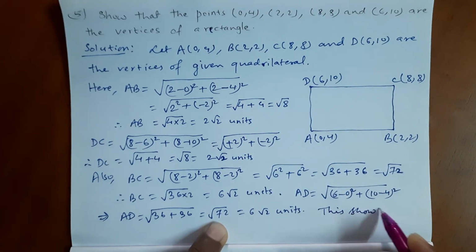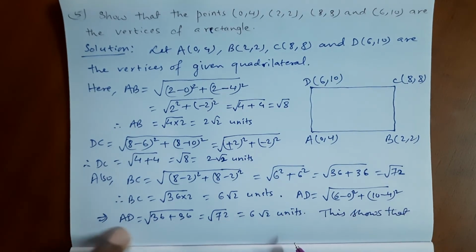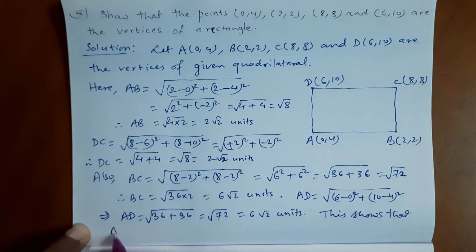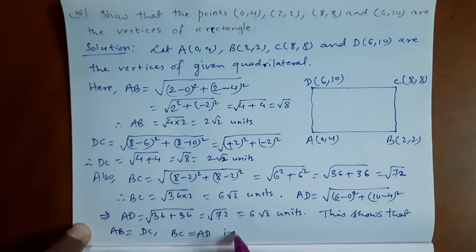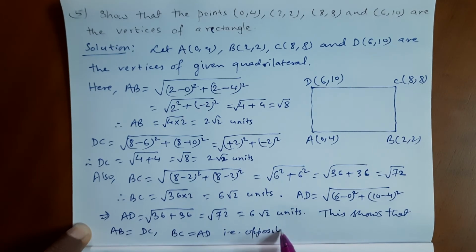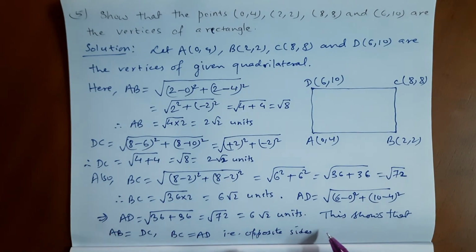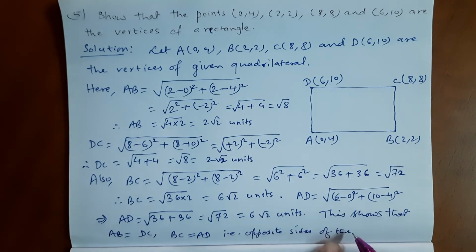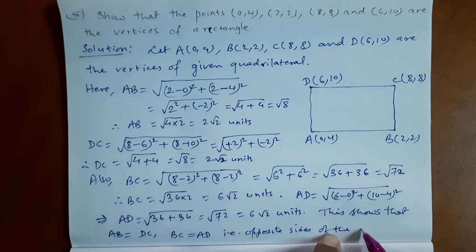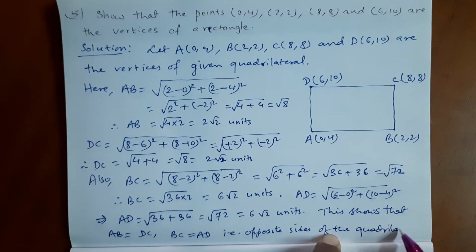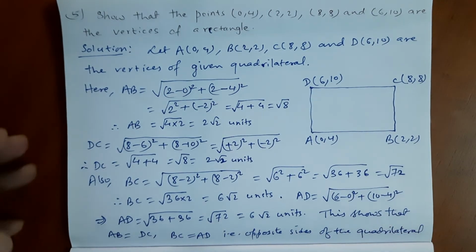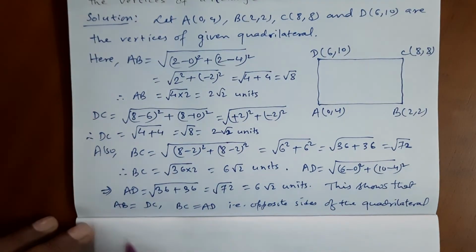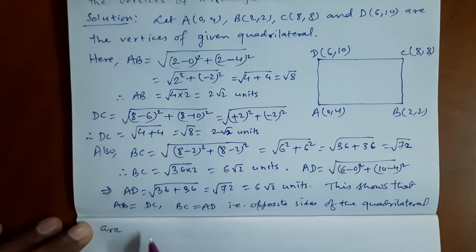This shows that AB equals DC, BC equals AD, that is, opposite sides of the quadrilateral are equal.